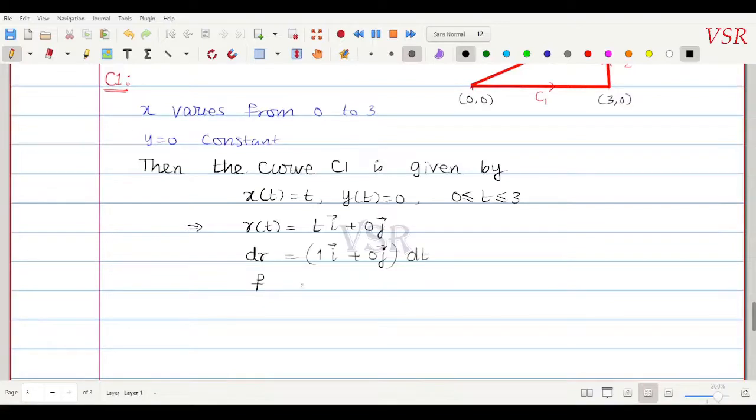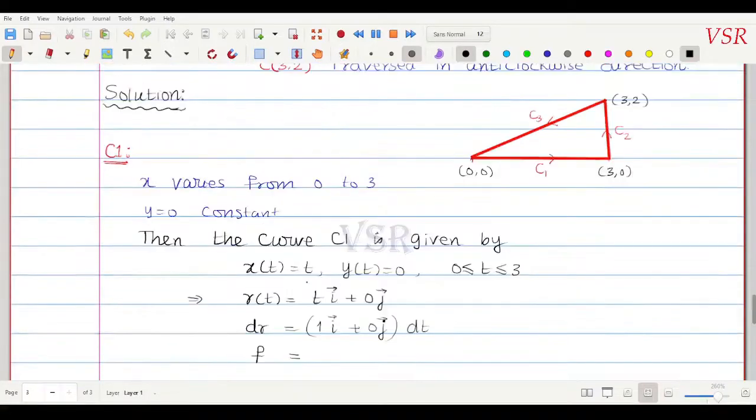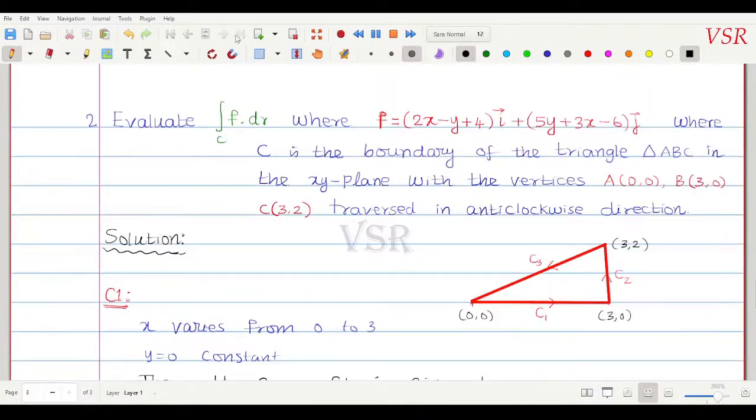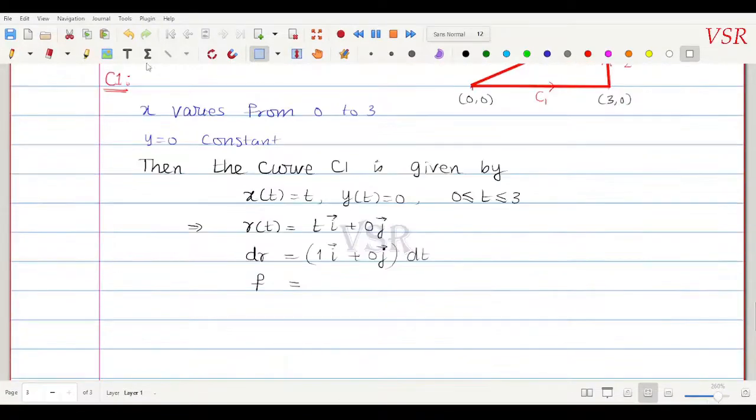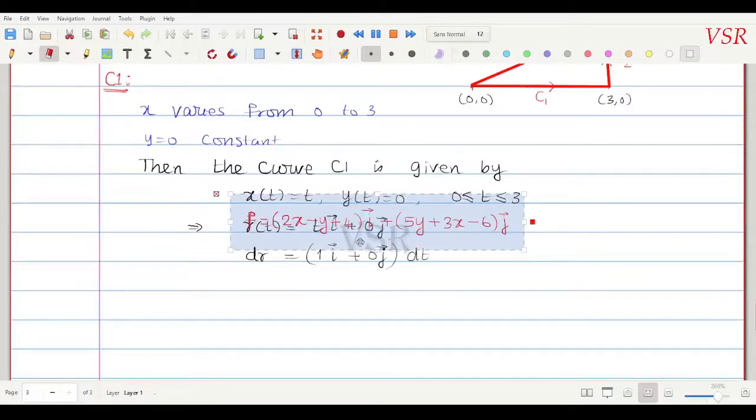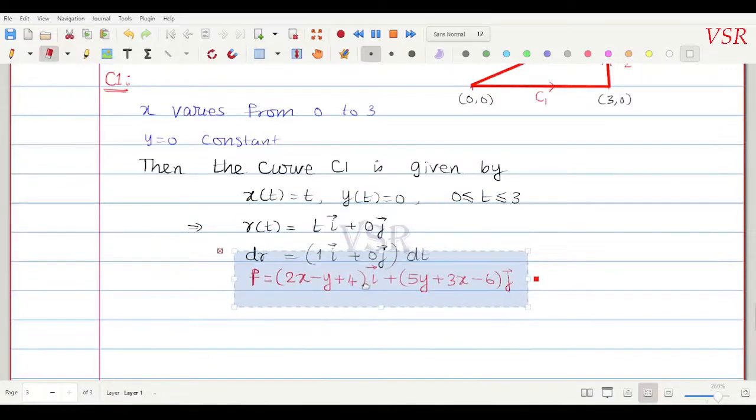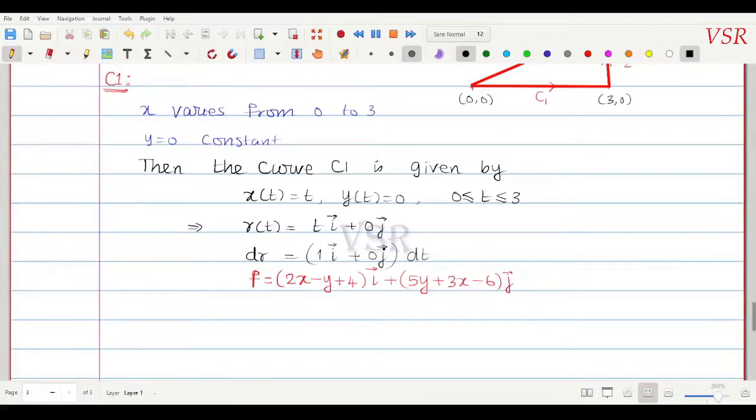f vector which is given by, இதை ஒரு திருப்பி எழுதிட்டு எழுதுவோம், அப்போதான் எந்த விதமான தப்பும் வராது. Okay, so control C போட்டுக்கிறேன். இதை அழிச்சு விட்டுருவோம். ஏன்னா இல்லைன்னா நம்ம ஏதாவது மிஸ் பண்ணிடுவோம், x y எதாவது மிஸ் பண்ணிடுவோம். அதுக்காக தான் இந்த இடத்துல எடுத்து எழுதுறேன்.